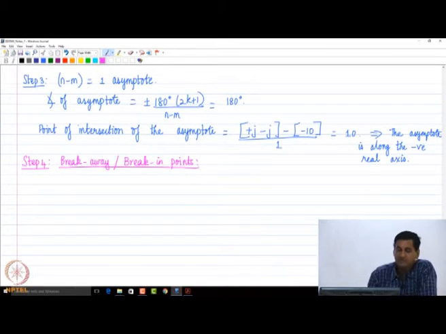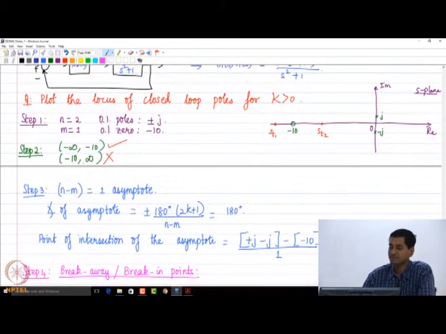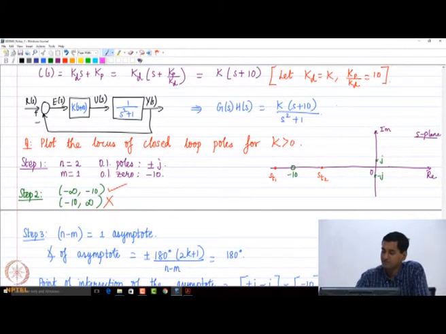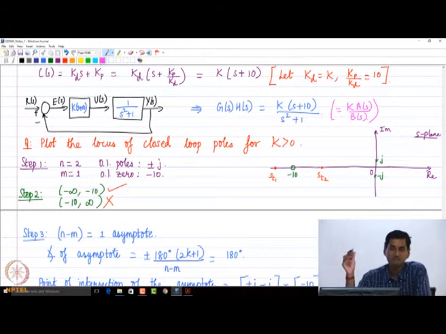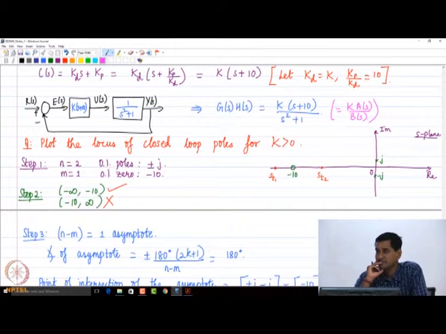How do we calculate breakaway and break-in points? We look at the open loop transfer function. The open loop transfer function is of the form k times A of s divided by B of s. So what is A of s here? S plus 10. B of s is s squared plus 1.